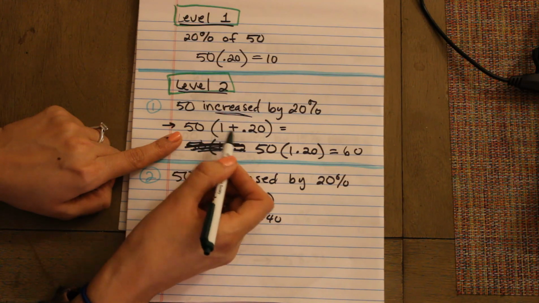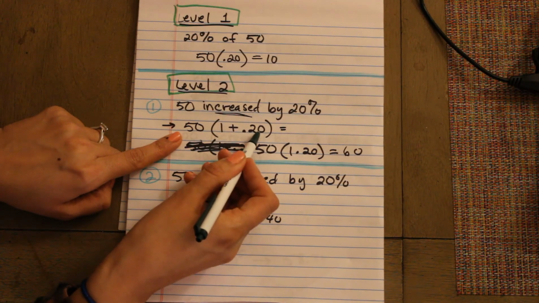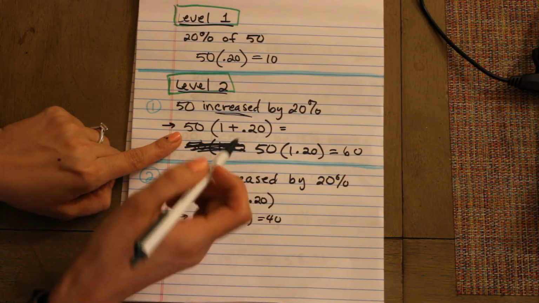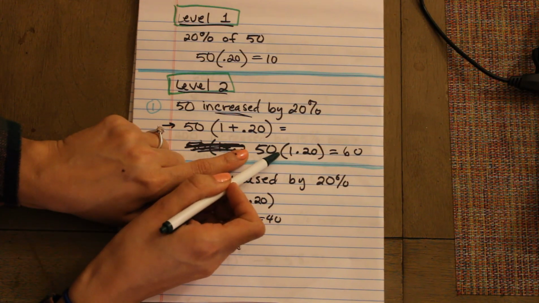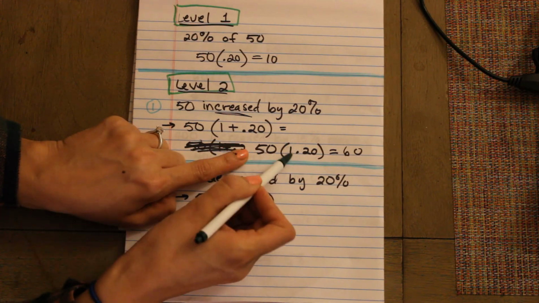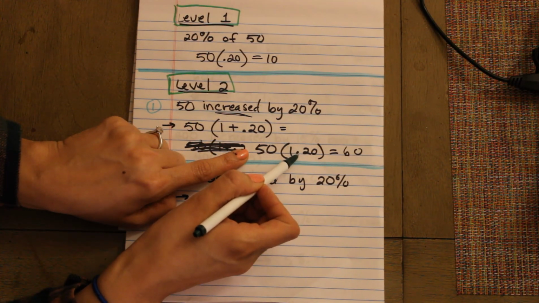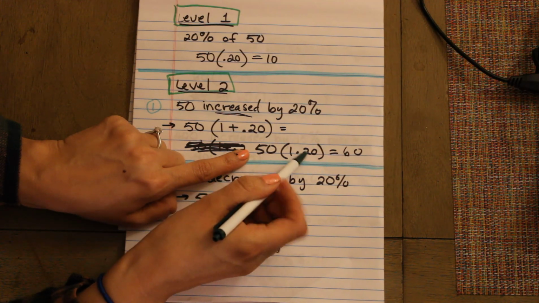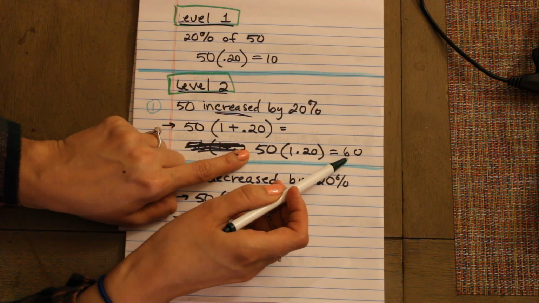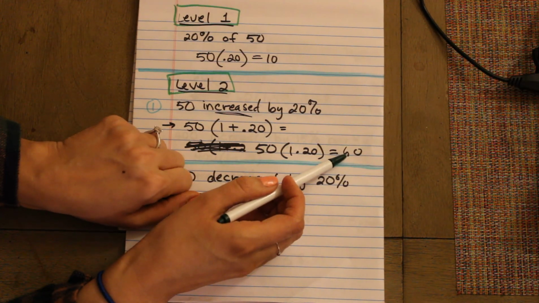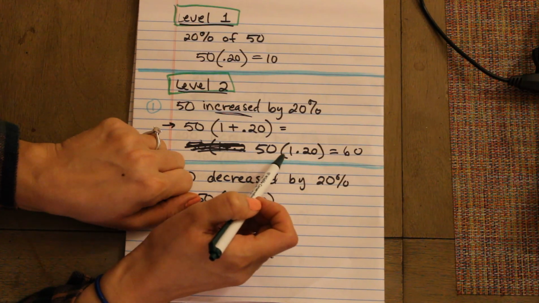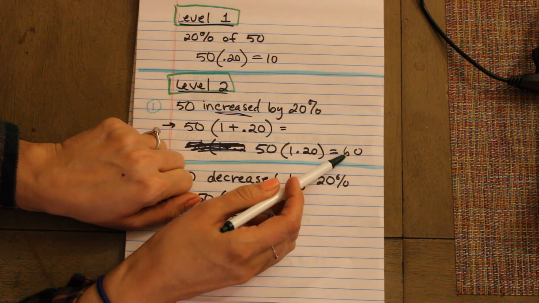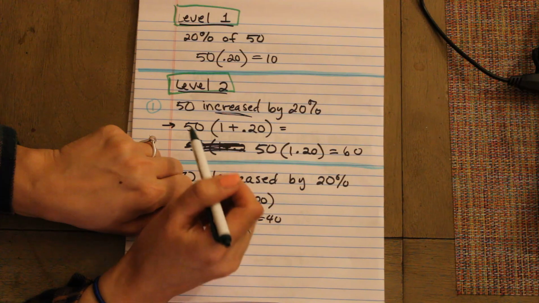So 100% plus 0.20, which represents 20%, is going to be 50 times 1.20. So when you put that in your calculator, you get 60. And you notice that 60 is definitely greater than 50. So if it's increasing, your end result should be higher than what you started.